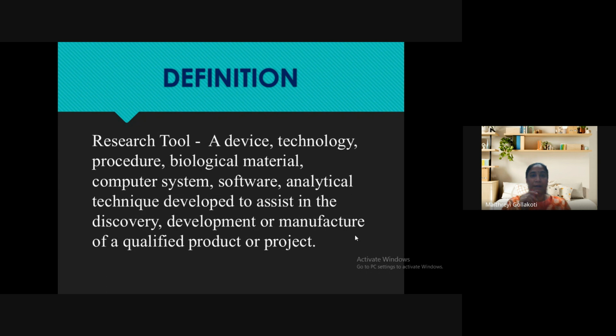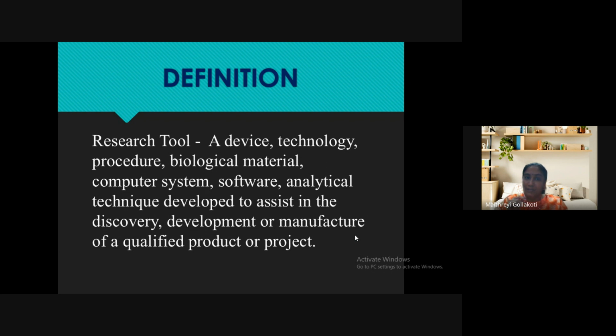Now, what is a research tool? We have understood what research is. Now, the next part is what is the research tool? Tools are implements, as I told already, and tools are used to help or aid in research.